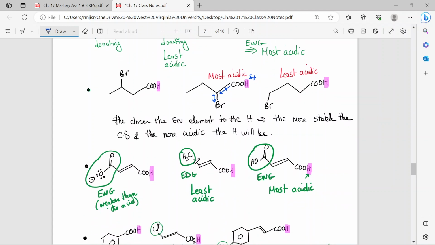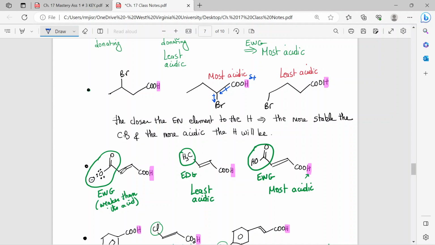Same idea over here. You have an electron donating group. This is a withdrawing group in there. Now, for this one over here, this donates electrons by resonance. If I'm comparing between this group and this group, this takes electrons away from the hydrogen, making it more partial positive.